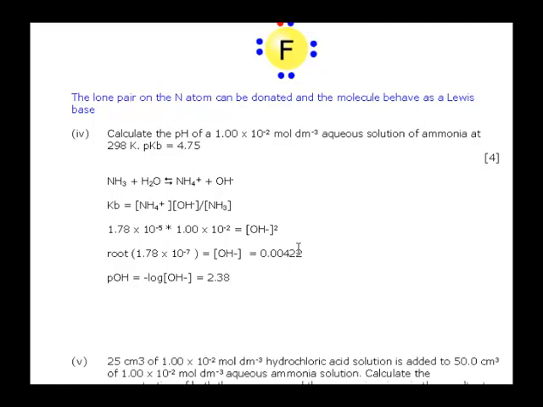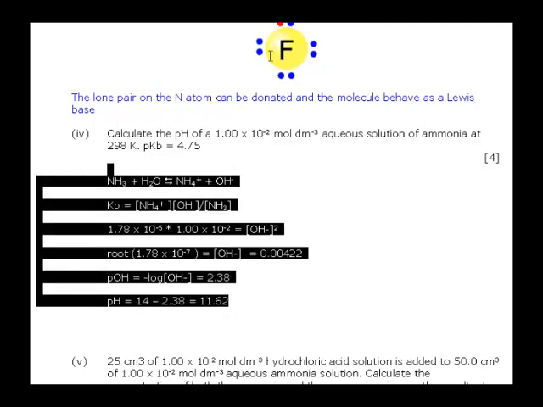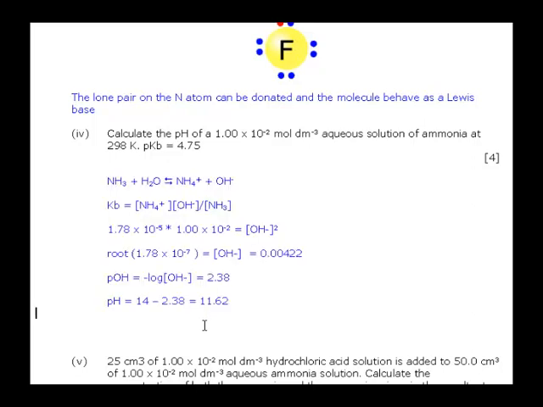Well, that means the pH is then equal to 14 minus 2.38, and that equals 11.62. And there's the calculation finished.